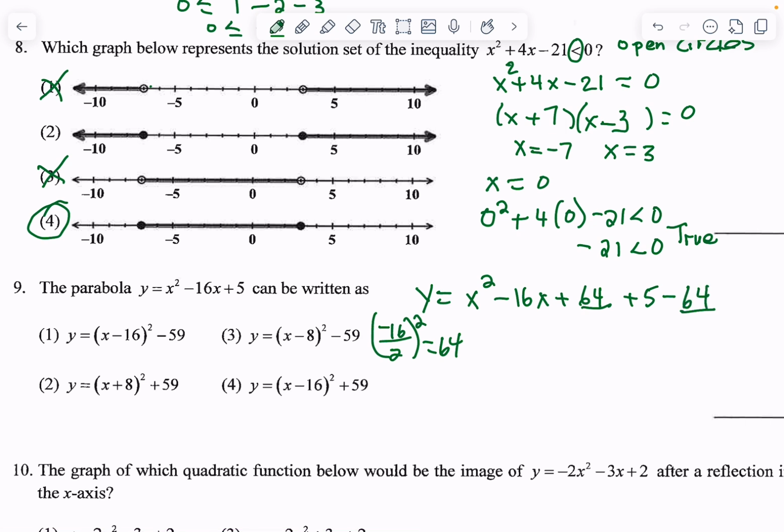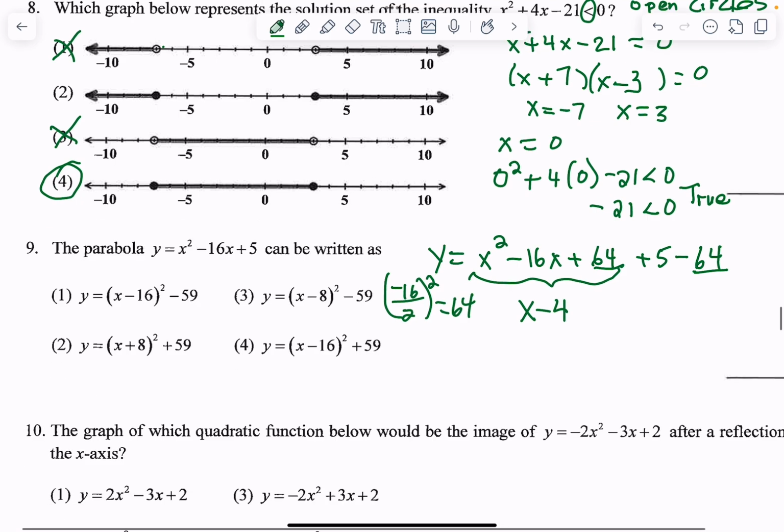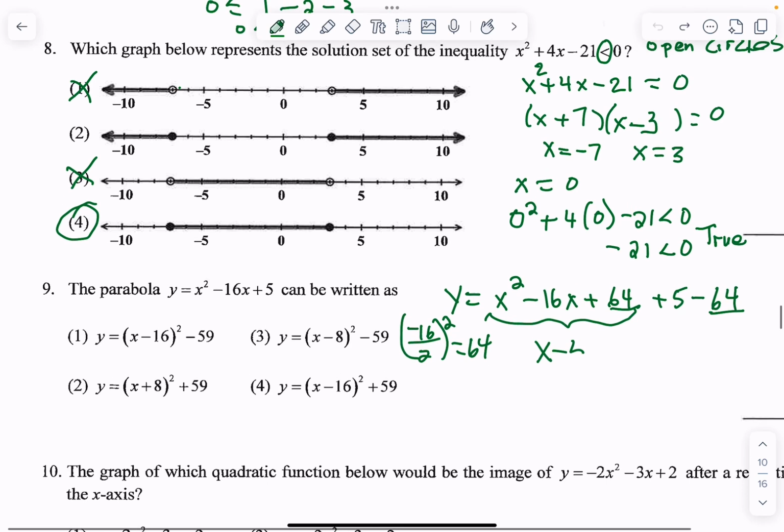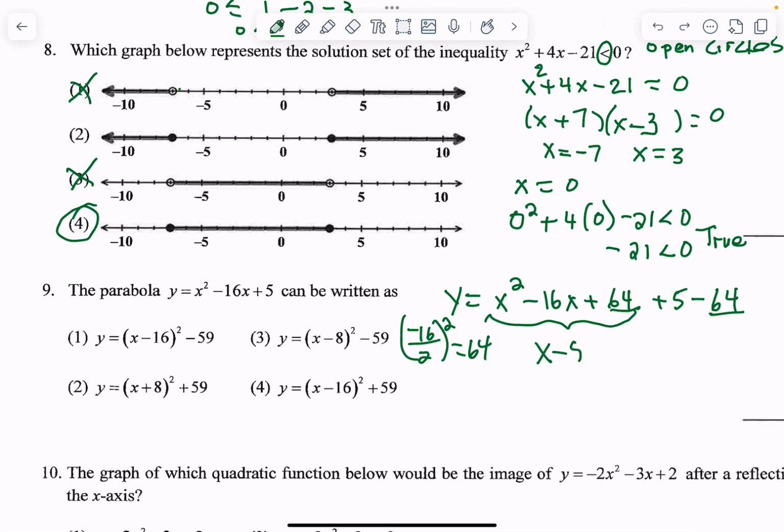Okay? So these three terms factor into two binomials that are the same, right? Oh, I'm sorry, half of 16 is 8. So it's x minus 8 squared. y is equal to, and then 5 minus 64 is minus 59.